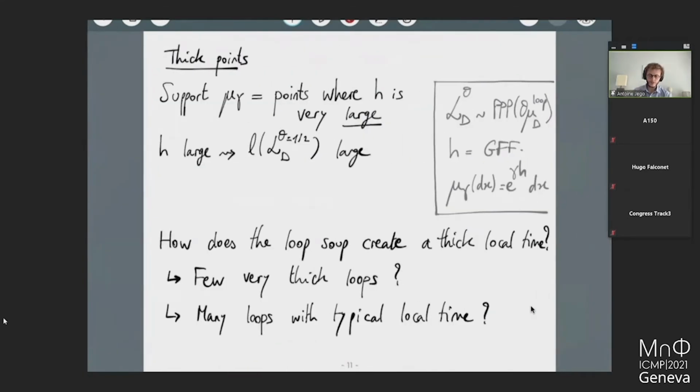So now I want to explain a bit more what we could expect. Liouville measure is supported on points that are called thick points. These points are very atypical in the sense that the underlying GFF h is atypically large at these points.